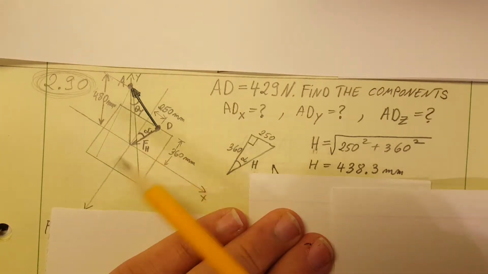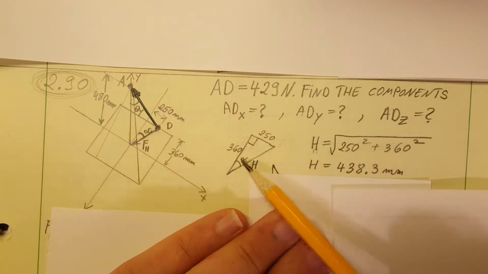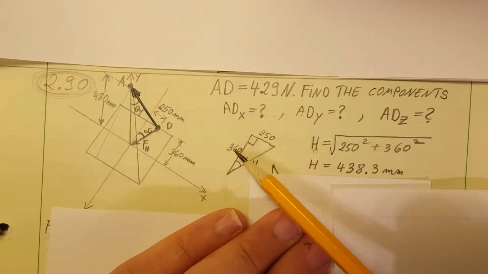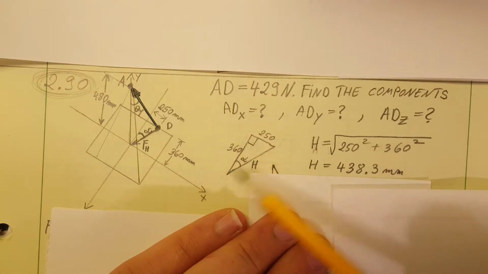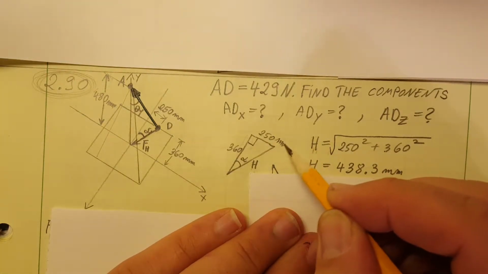First up, I'm gonna work with the triangle which is right here, but I redrew it over here so I can see the dimensions a little bit better. This side is 250, 360, and this will be my hypotenuse. So I'm gonna find its distance, and these measurements are given in millimeters.